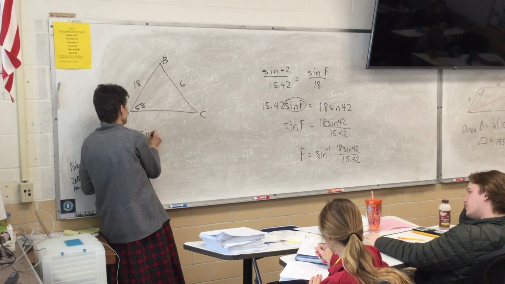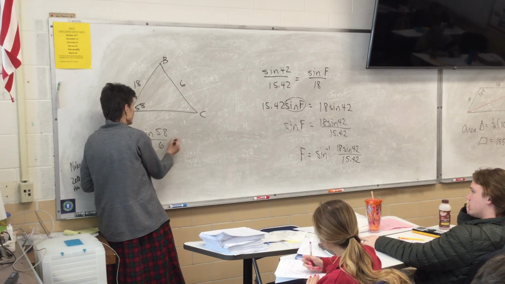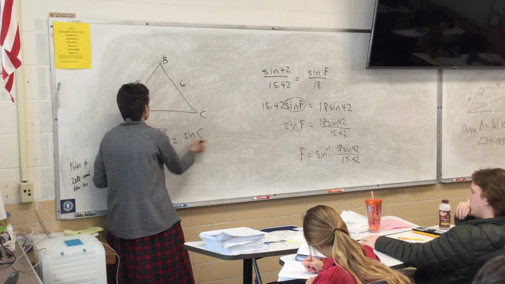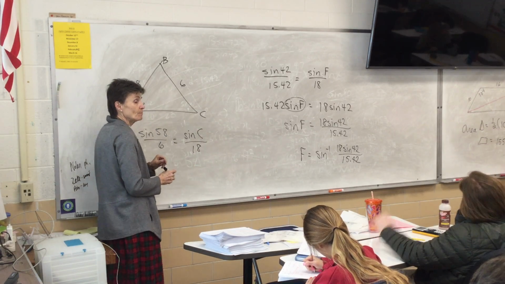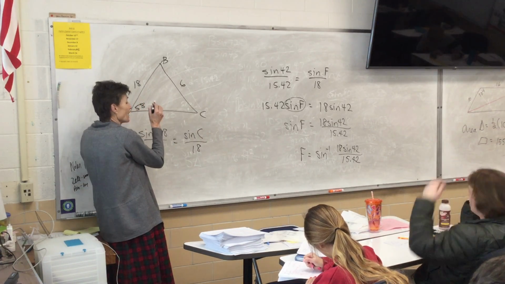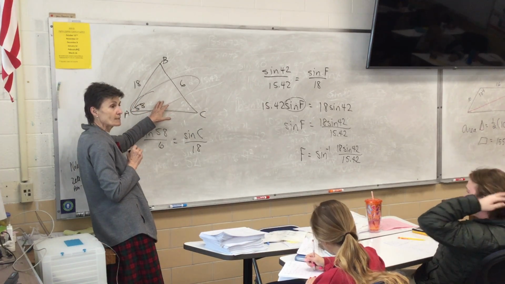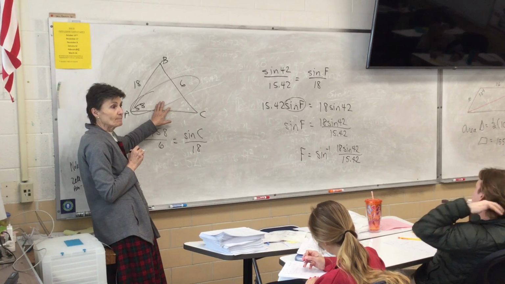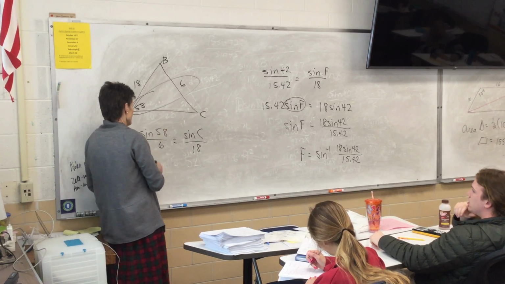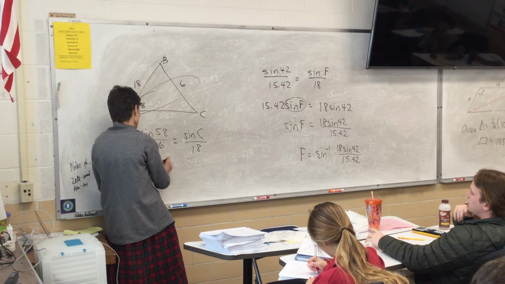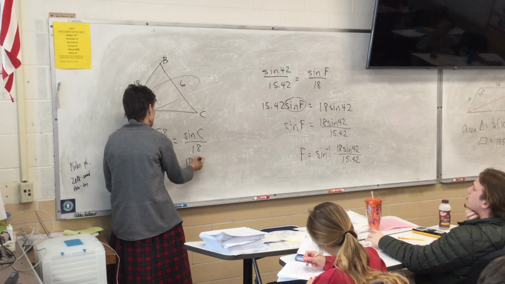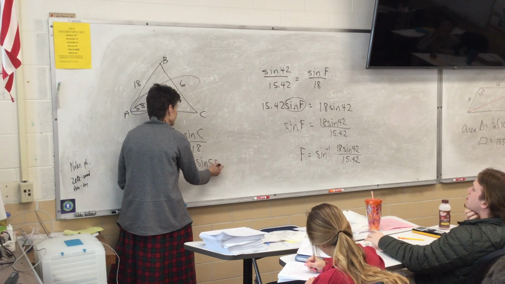So sine 58 over 6 equals sine C over 18. Kids, when you look at this problem, this should clue you in that you're going to do the law of sines, right? Okay. So 6 sine C equals 18 sine 58.